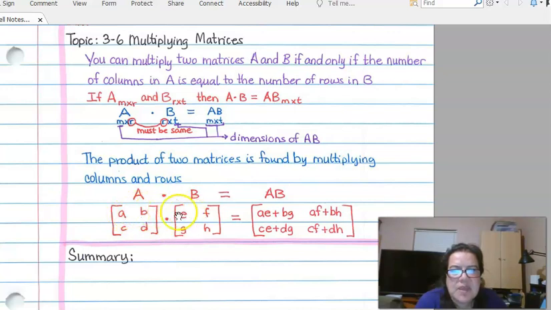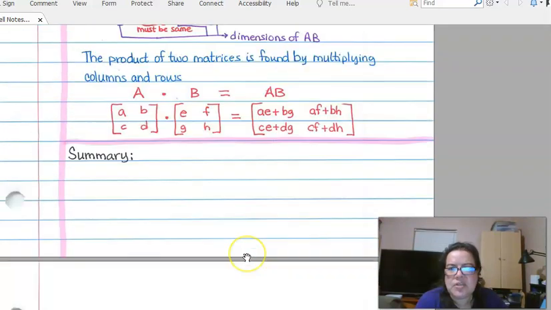So A times E plus B times G, and you add those two together, and that's how you get the first element of the answer. I know it looks a little complicated, but we're going to go through some examples as we go along.